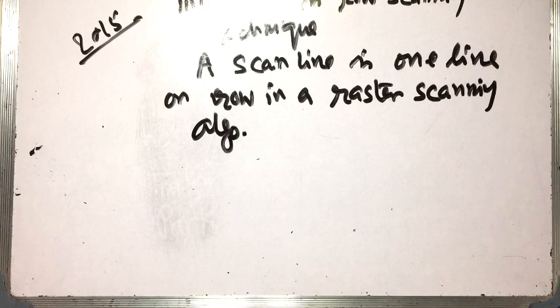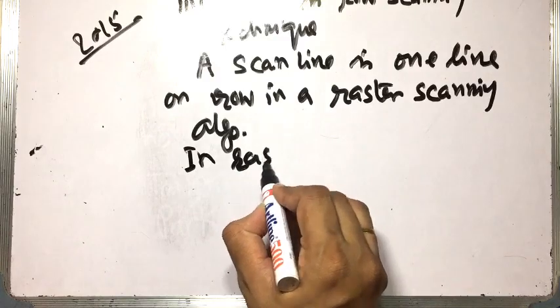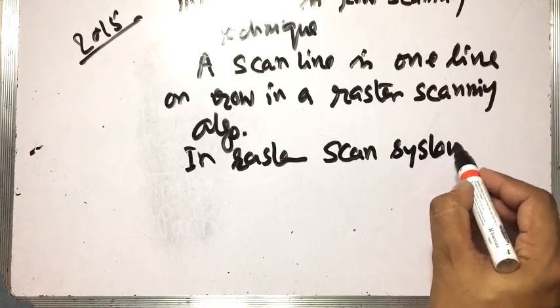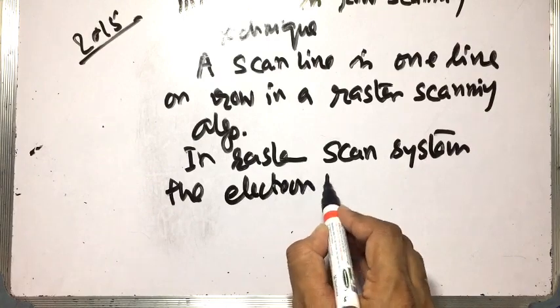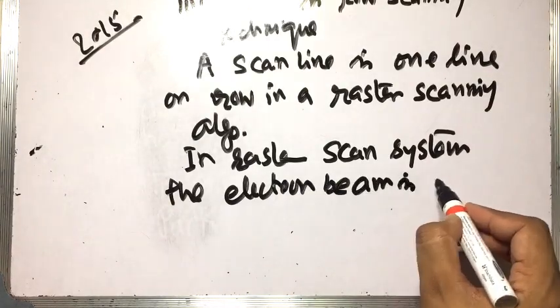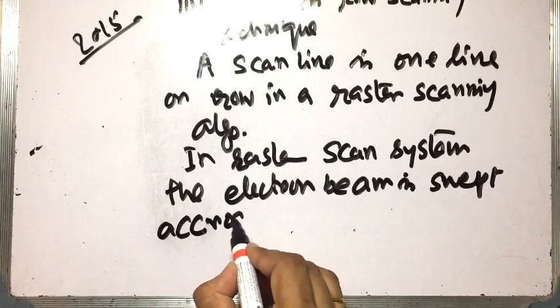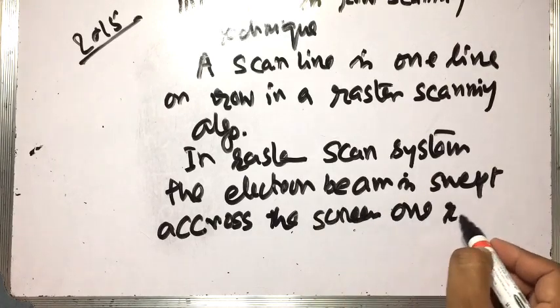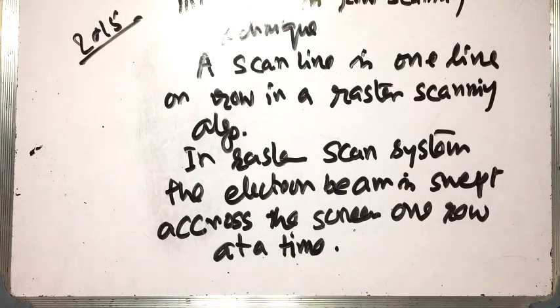A scan line is one line or row in a raster scanning algorithm. In a raster scan system, the electron beam is swept across the screen, one row at a time.